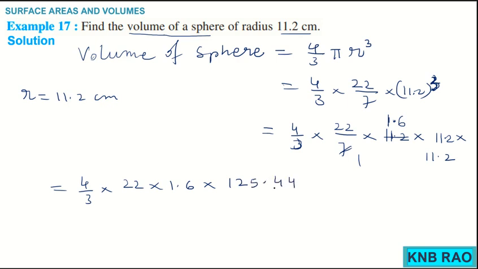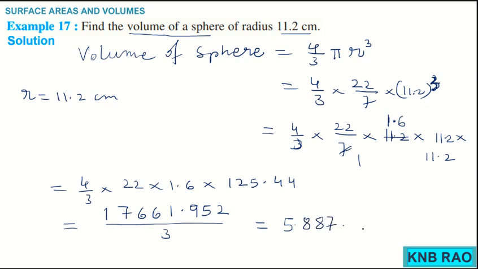125.44. Now, the product of 125.44 into 22 into 1.6 into 4 gives you 1766.952 upon 3, and if you find the division, you will get 5887.3173 bar.